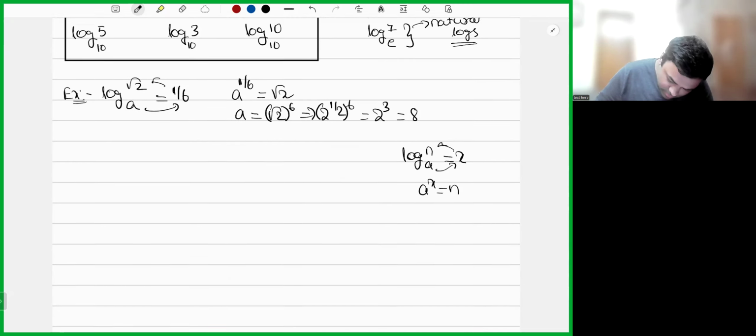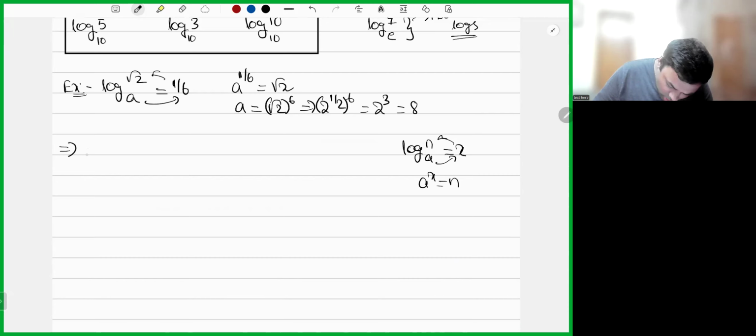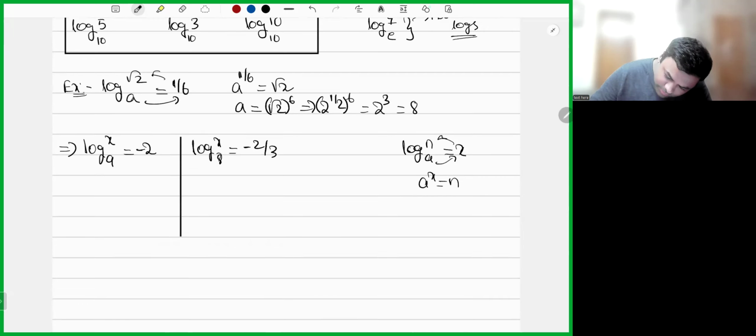Log x to the base 9 is equals to minus 2. I want you to calculate x value. Next. Log x to the base 8 is equals to minus 2 by 3. Again, I want you to calculate x value.